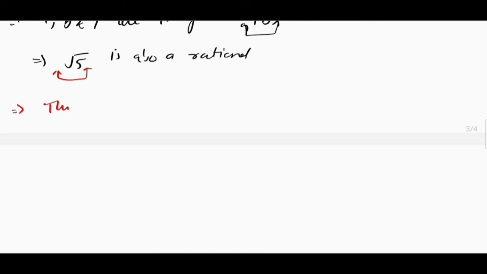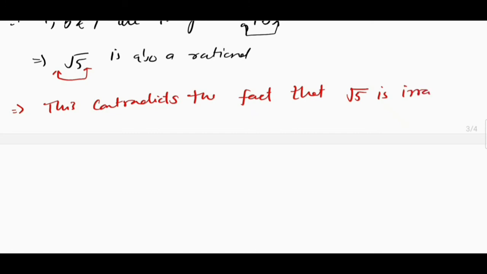So this contradicts the fact that square root of 5 is irrational. So we can say that 7 square root of 5 is irrational.